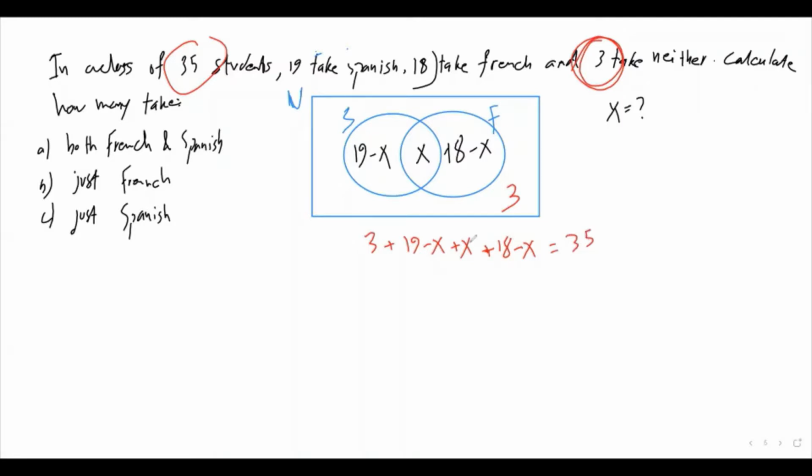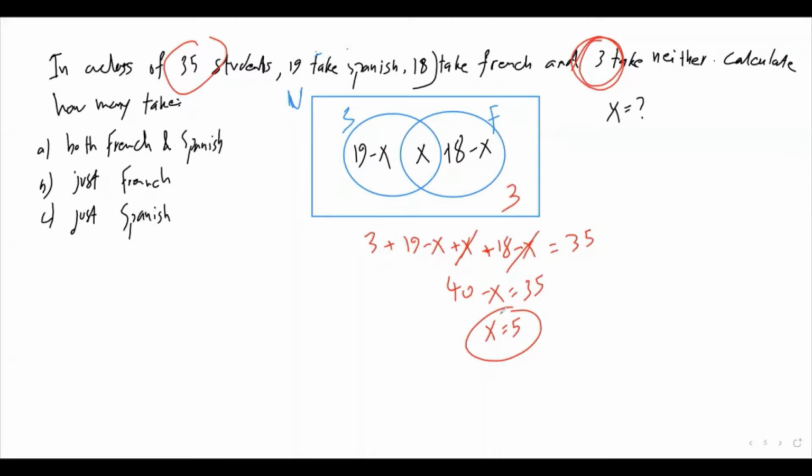And if you solve for x, that would be 37 plus 3, 40, minus x is 35, and x is 5. So there are 5 students in this class who are taking both subjects, right?